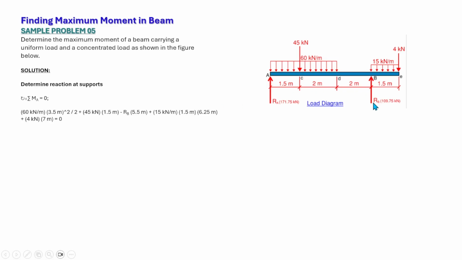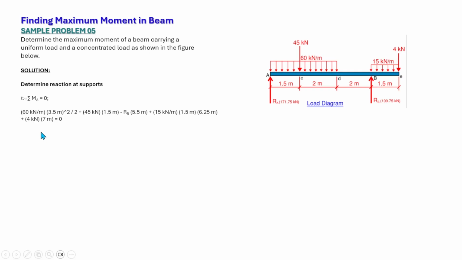at point B, times 5.5, the moment arm, plus 15 times 1.5, that is the uniform load at the cantilever end, times 6.25, which is the lever arm from point A to the center of the uniform load of 15 kilonewtons per meter, plus the 4 kilonewtons times 7 meters, that is the moment arm from point A to E, and that is equal to 0.